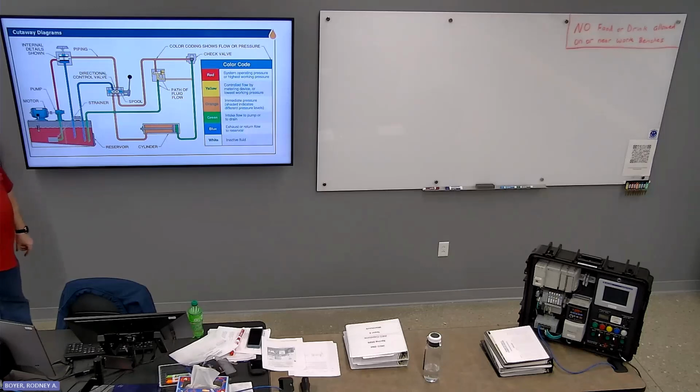Orange is intermediate, typically discharge from a cylinder that has to go through another valve somewhere. Green is intake or return, zero pressure basically. If you were to put a gauge on it, it would have vacuum on it.